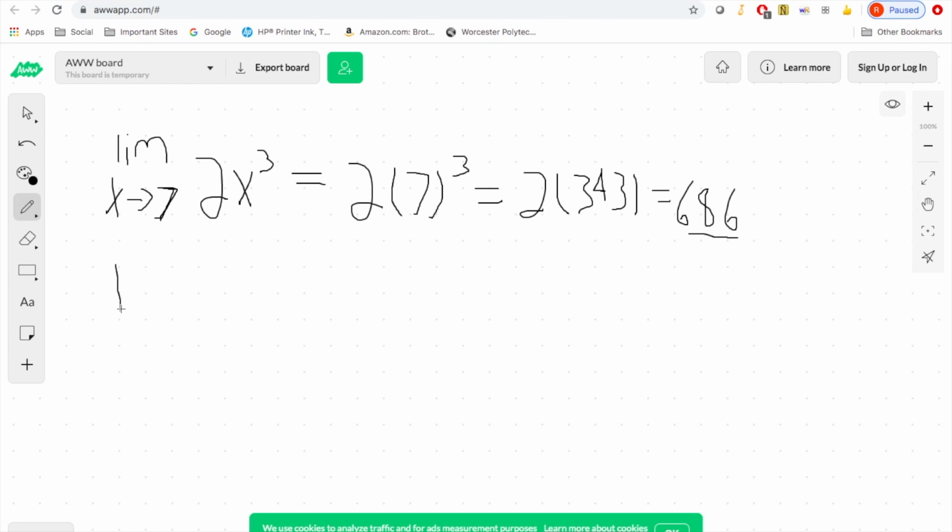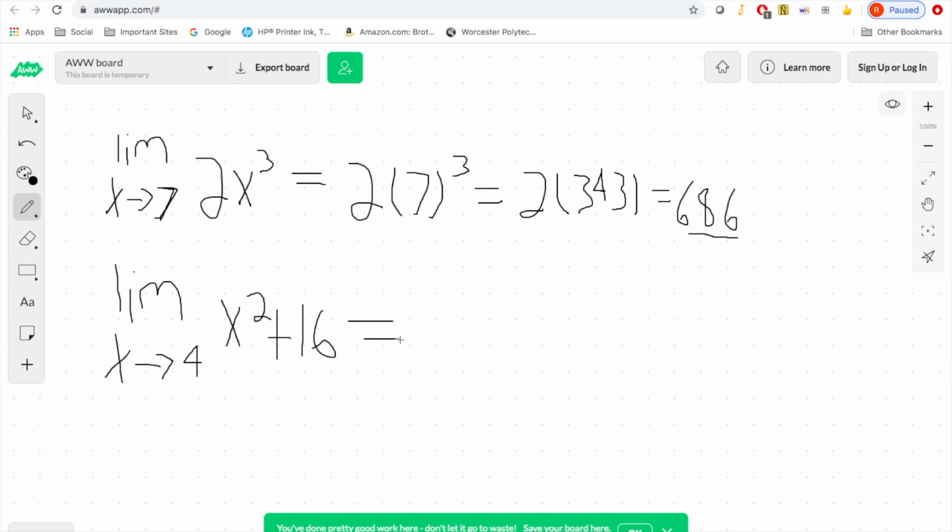So for our second and probably last example, let's say the limit as x approaches 4 of, let's just do x squared plus 16.